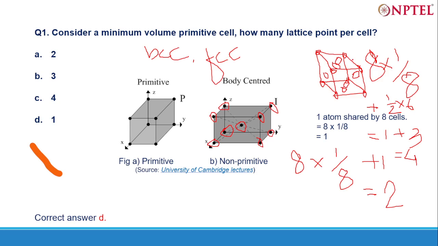So now the lattice points per cell: for FCC, it's 4. For BCC, it's 2. For primitive cell, it's 1. Now clear?